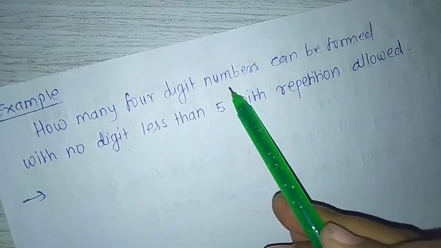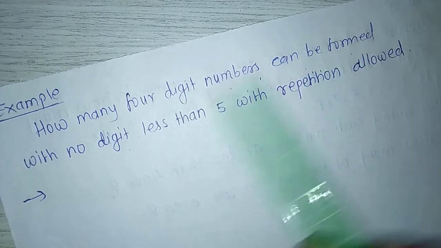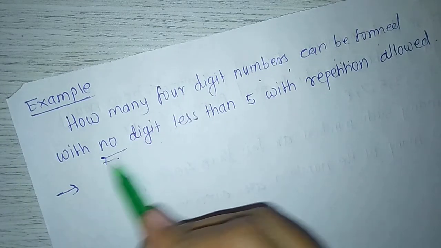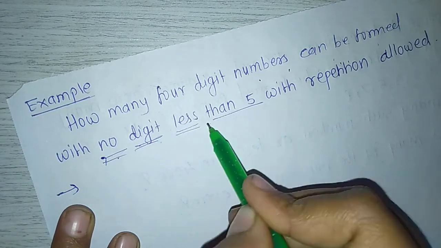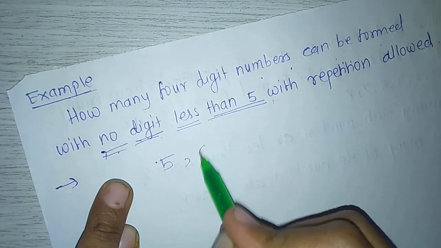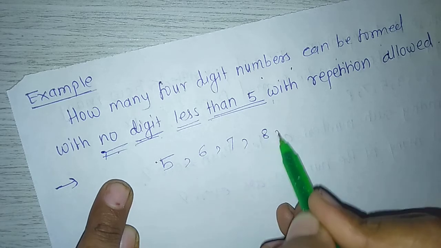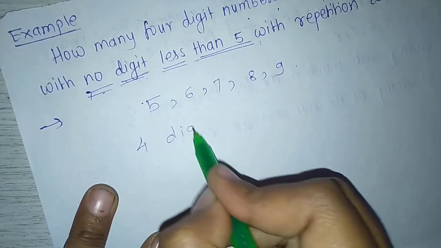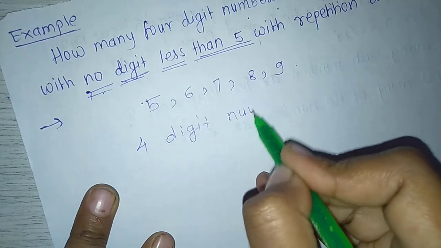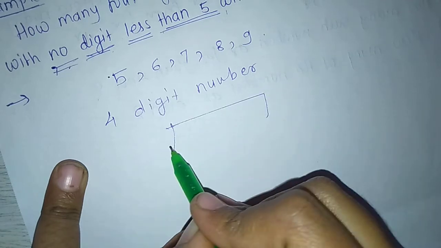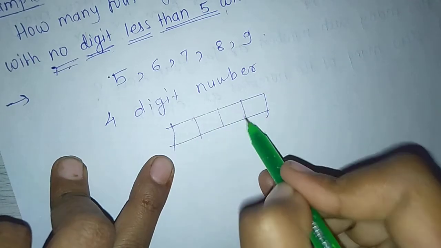How many 4-digit numbers can be formed with no digit less than 5, with repetition allowed? No digit less than 5 means the digit may be 5, 6, 7, 8, 9. For a 4-digit number, consider 4 boxes 1, 2, 3, 4.